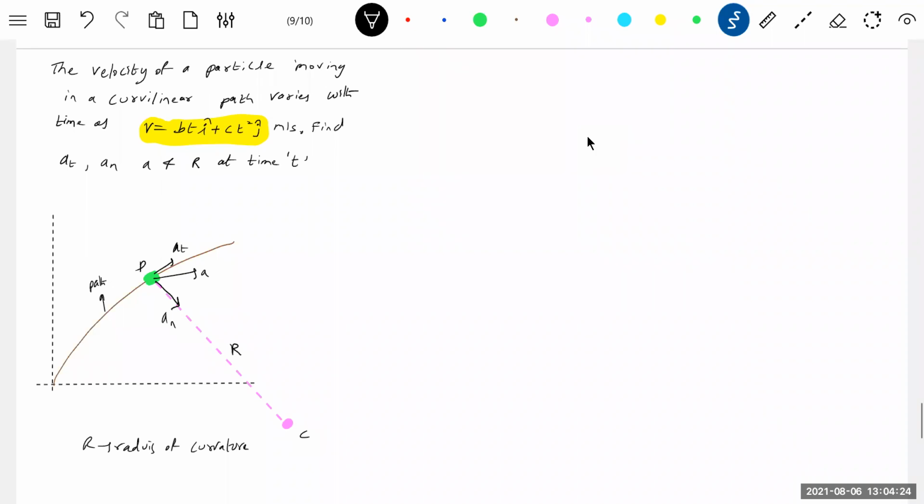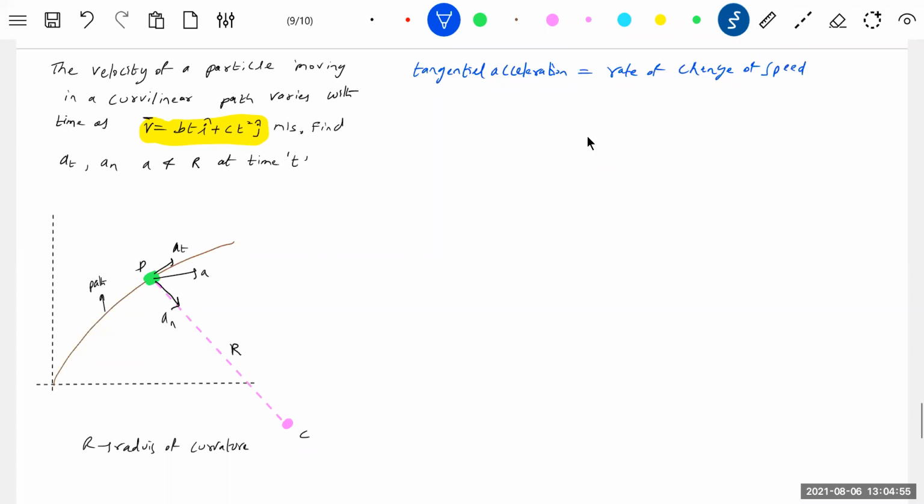What is tangential acceleration? Rate of change of speed, no? What we have is velocity. I think we have to go for the basic definitions. Tangential acceleration is equal to rate of change of speed.